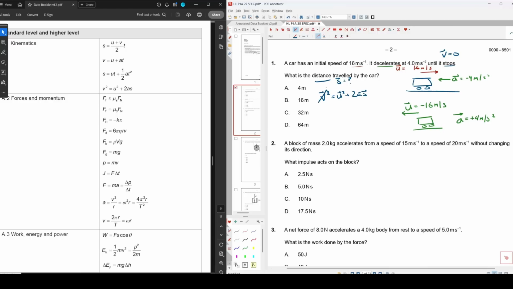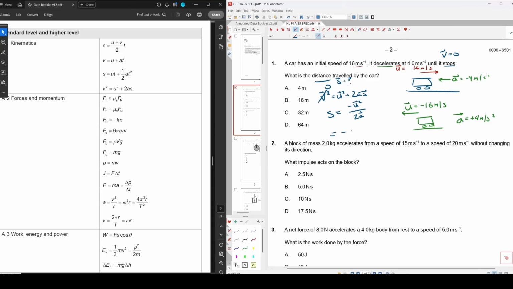Okay, v is 0, so I can solve this for s. I'm going to subtract u squared from both sides, divide by 2a, so I think I get negative u squared over 2a. Vector, vector, vector. Okay, and let's plug in our numbers.